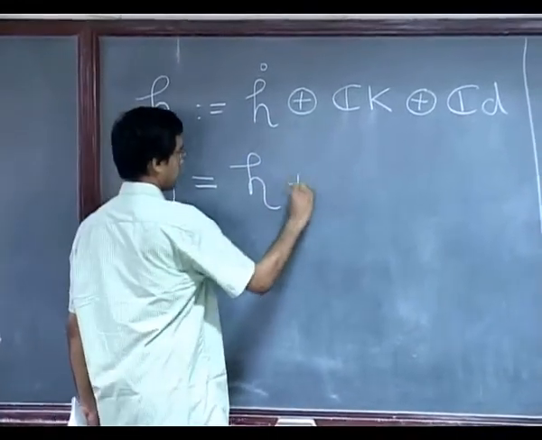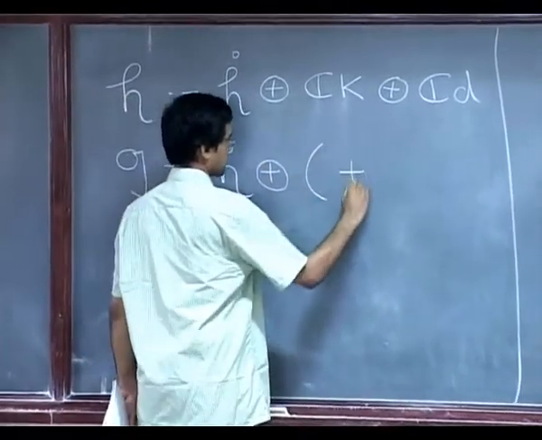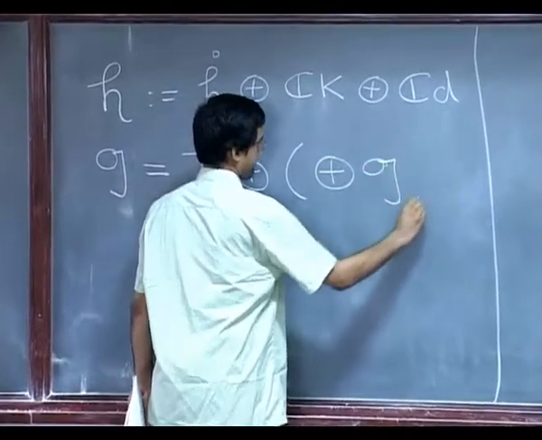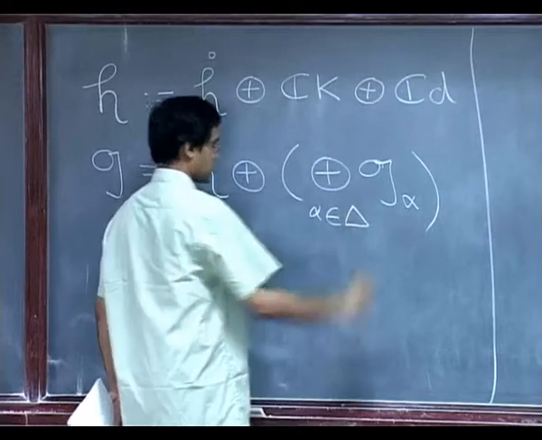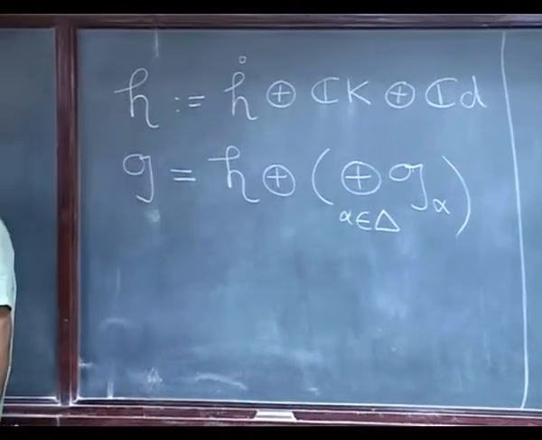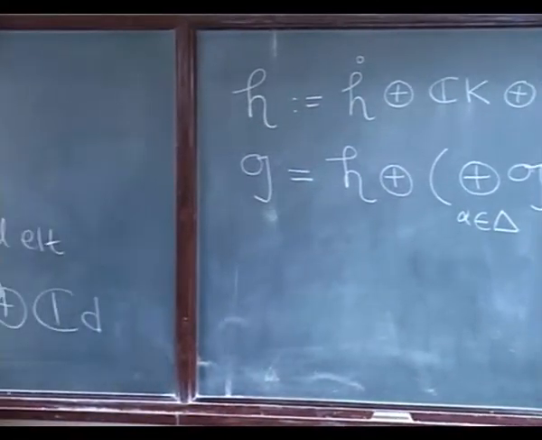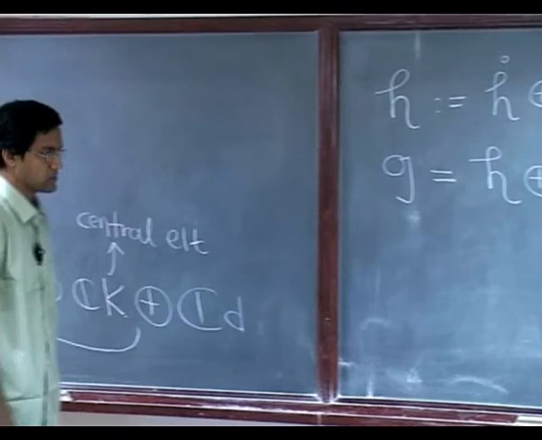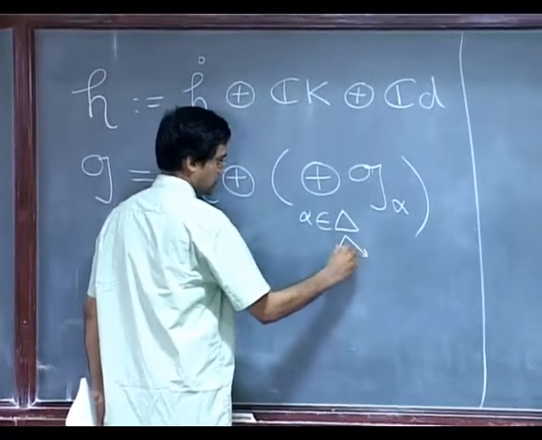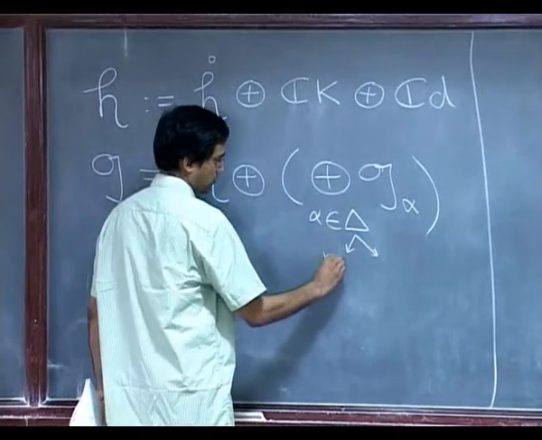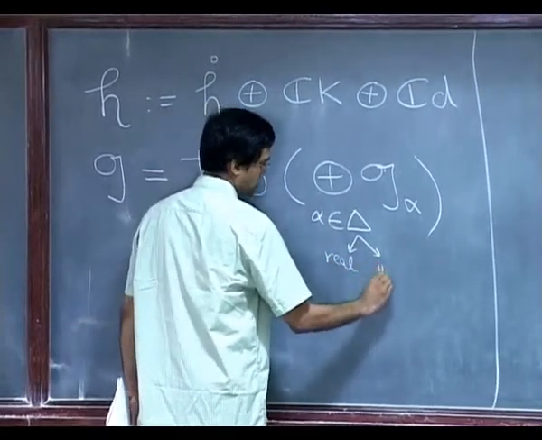G has a weight or root space decomposition. We call the set of roots delta, and as mentioned, the set of roots splits into two categories. You talk about real roots and imaginary roots.